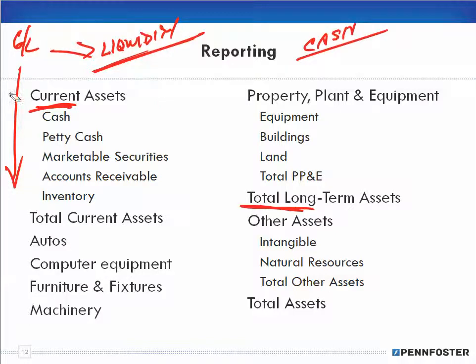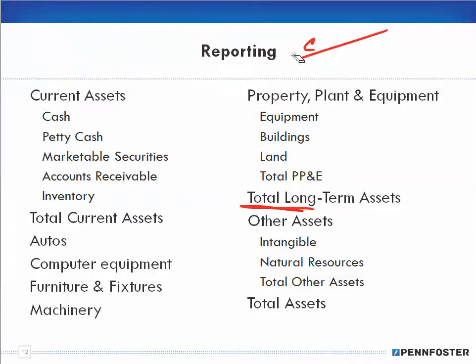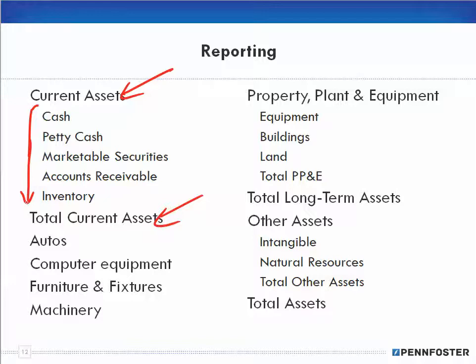So even though the general ledger accounts are listed in the order of liquidity, we can add descriptions like current assets and give totals of our current assets. The reason we do that is, again, to be able to do analysis, giving us our ratios. But the more important thing is how those general ledger accounts are shown.